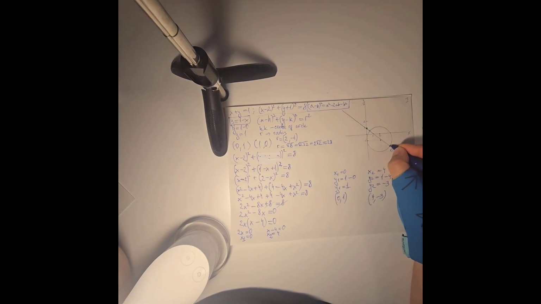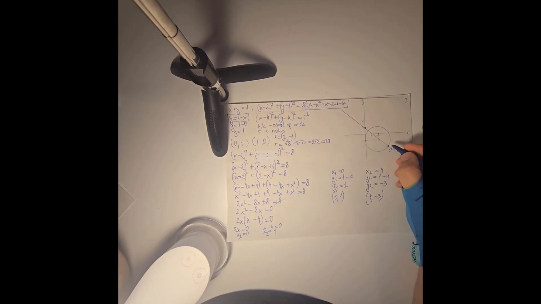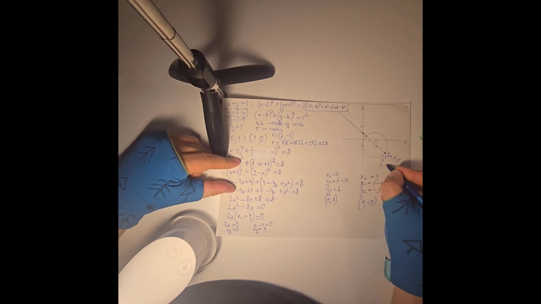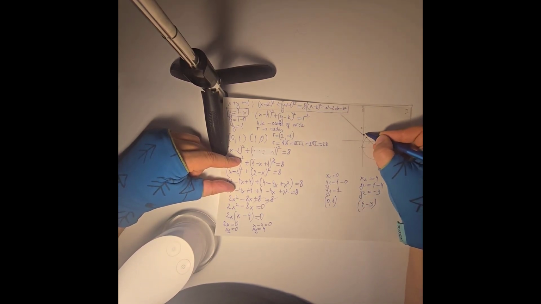Well, at least this is what the graph says. Yeah, 0, 1 is that one, 4 minus 3 is this one. Ta-da. 4 minus 3 and 0, 1.